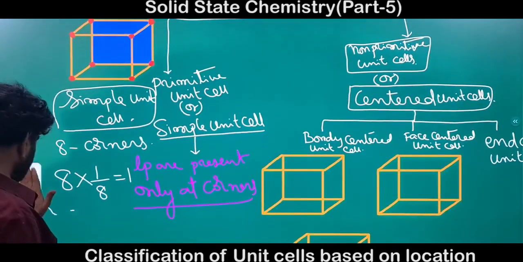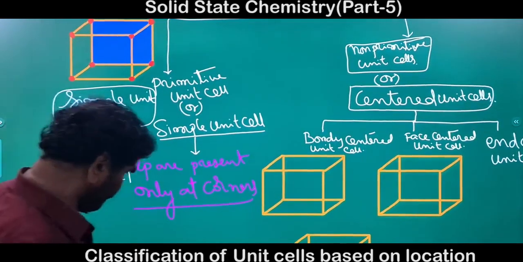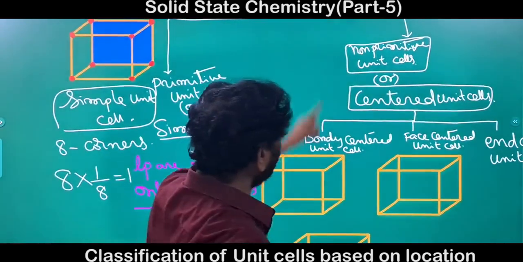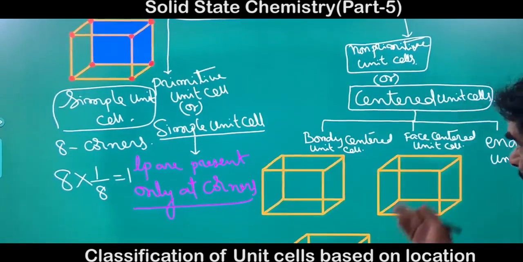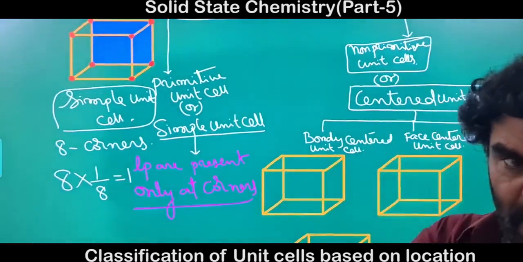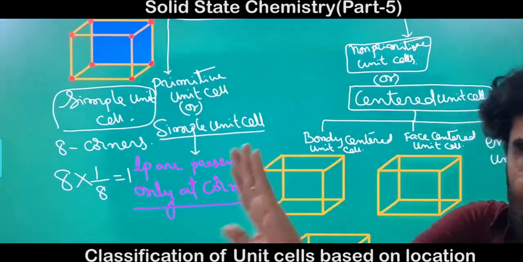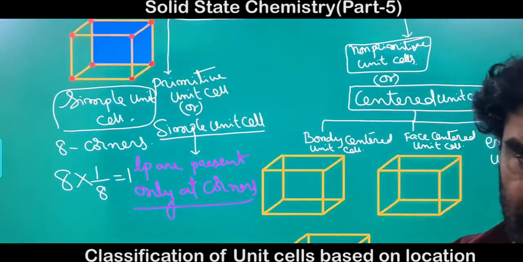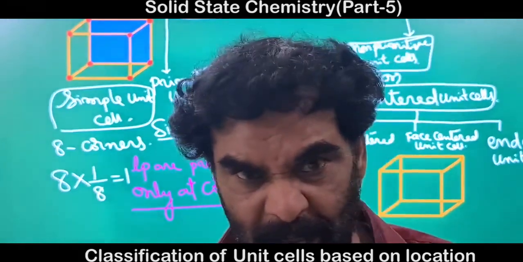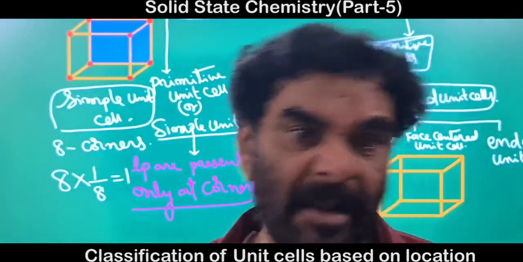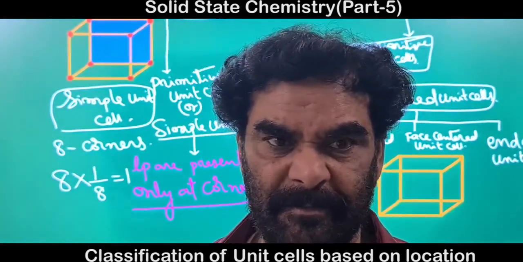Now, coming to the non-primitive unit cell. What is the meaning of non-primitive? Whether it is primitive or non-primitive, lattice points are always present at the corners. There will be no unit cell without lattice points at the corners.